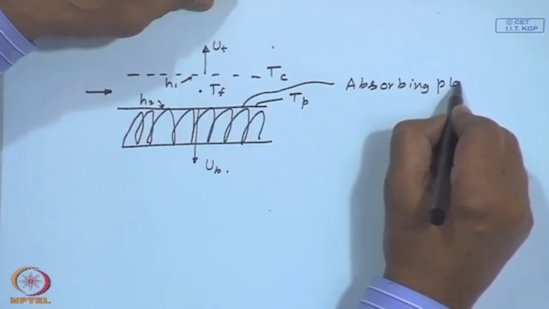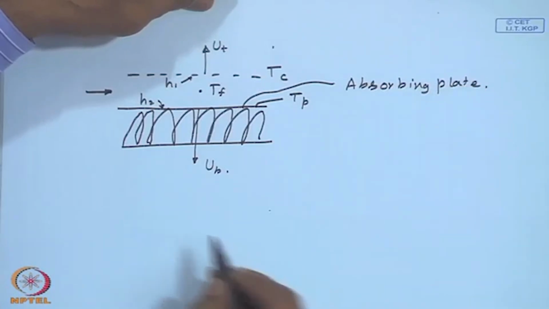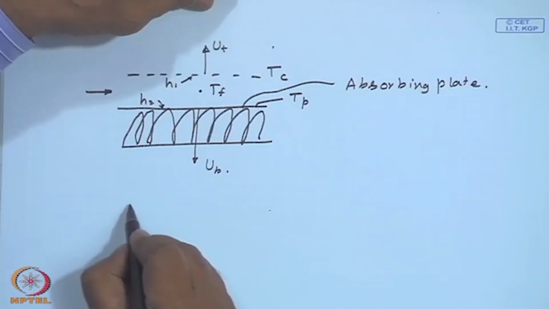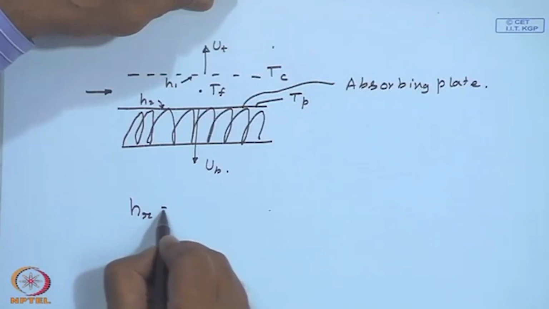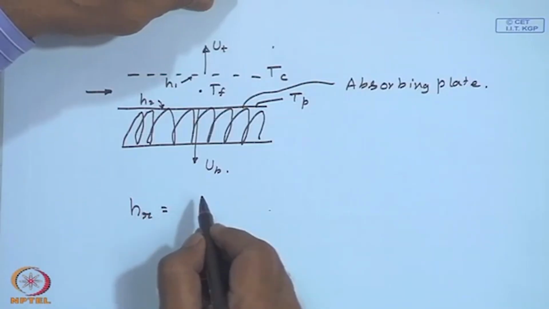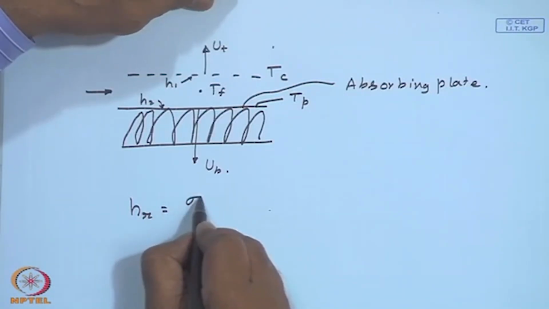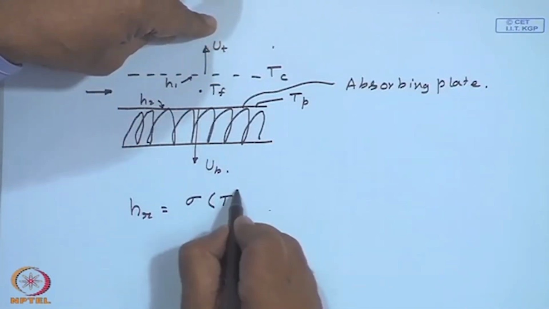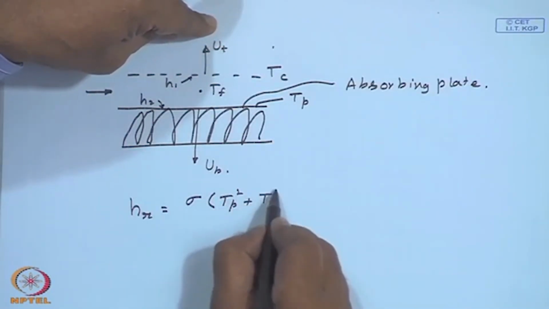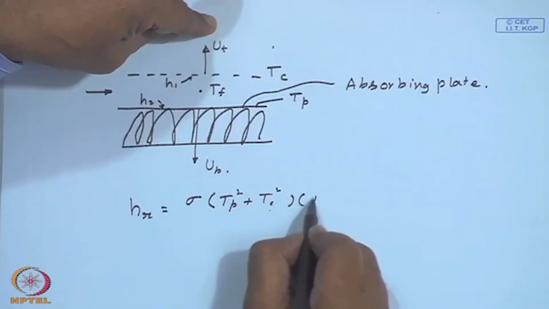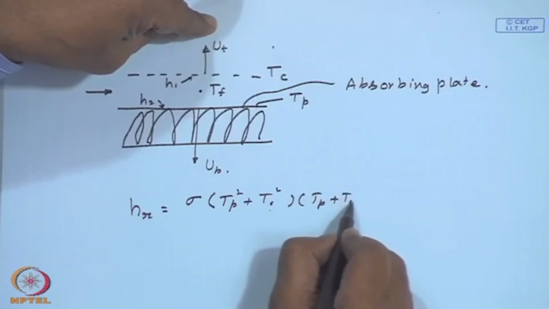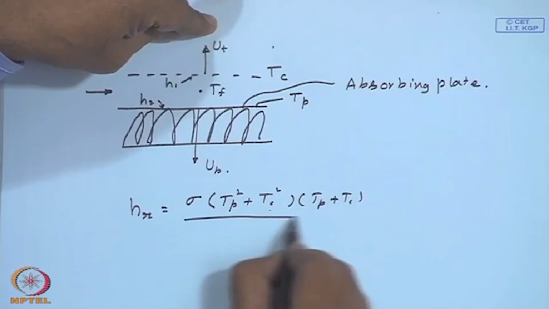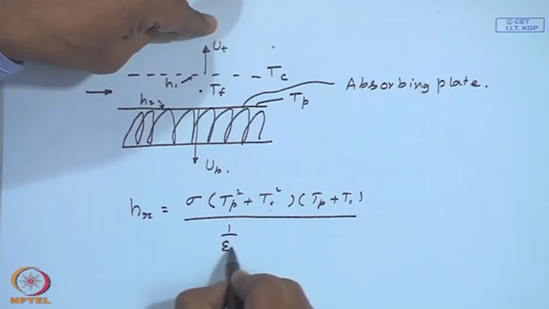So, we can write down straight away the radiative heat transfer coefficient between the plate and the cover will be sigma times (T p squared plus T c squared) times (T p plus T c) by (1 upon epsilon p plus 1 upon epsilon c minus 1).